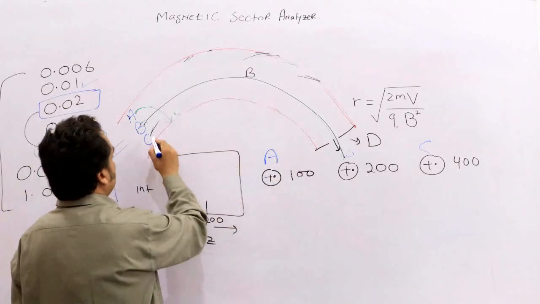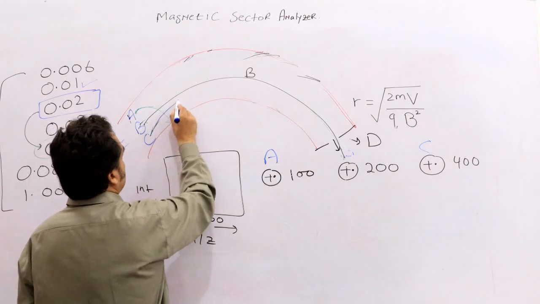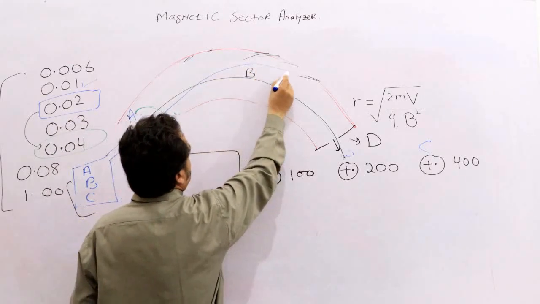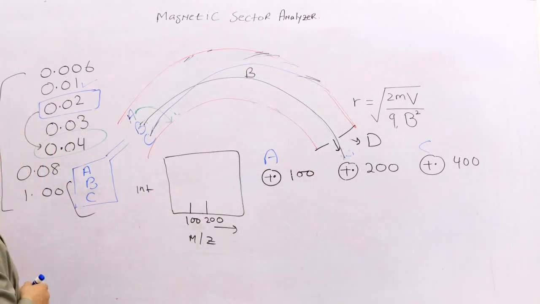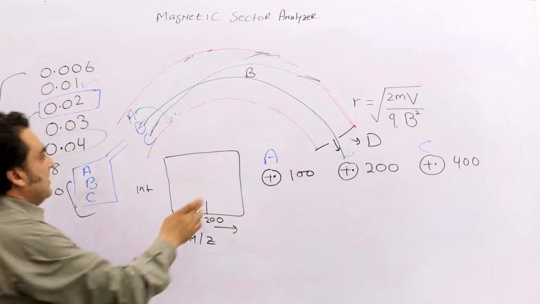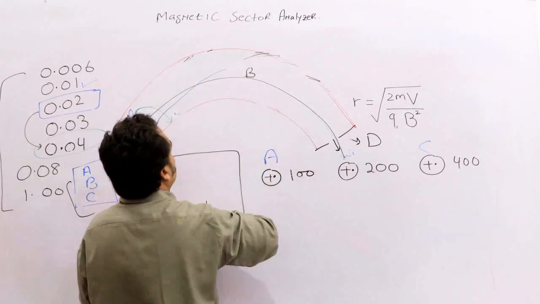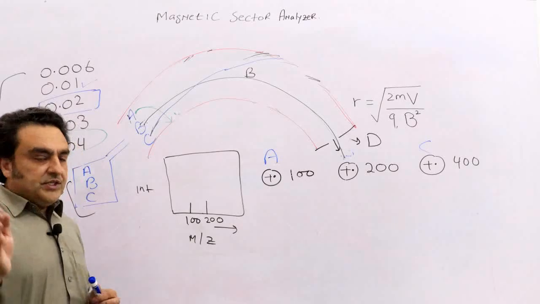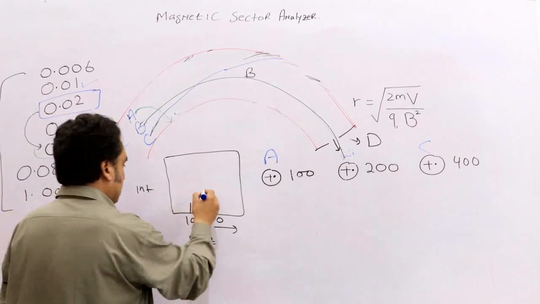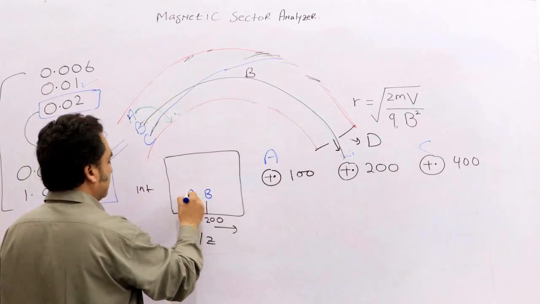C is heavier, so it will still not be deflected that much. Maybe it is destroyed here, or earlier, because it's still heavier. Suppose it is destroyed here. Now you will get B and A.